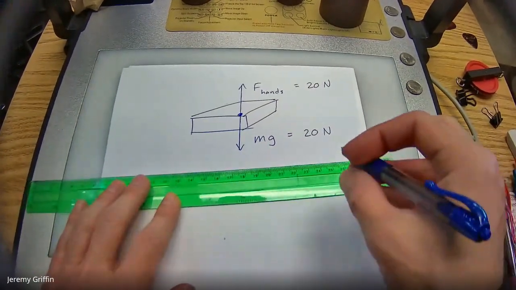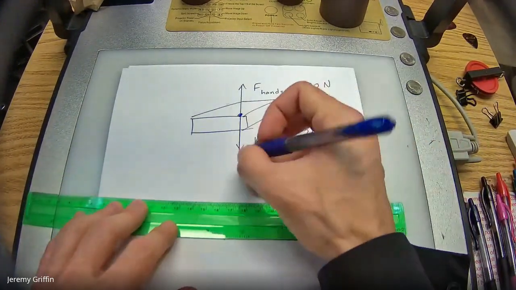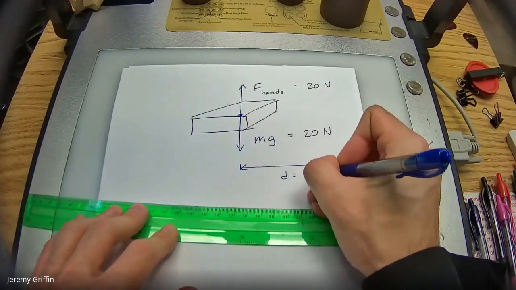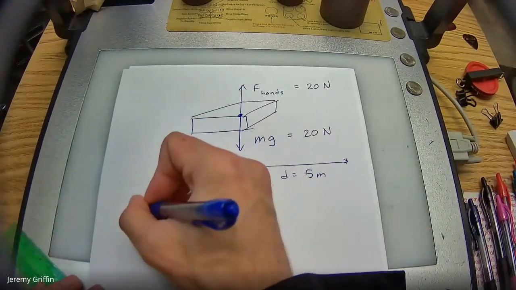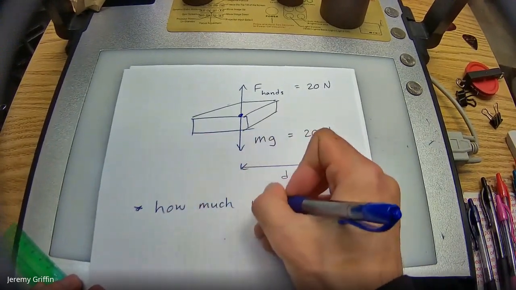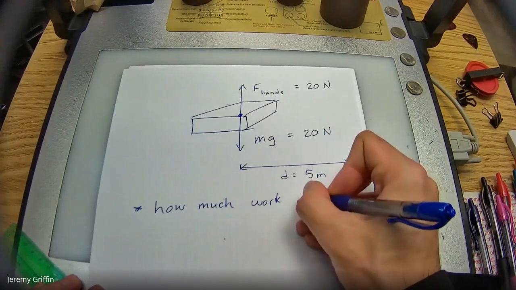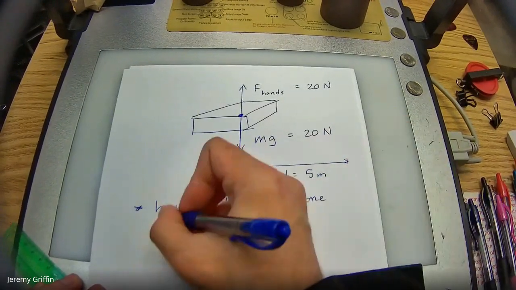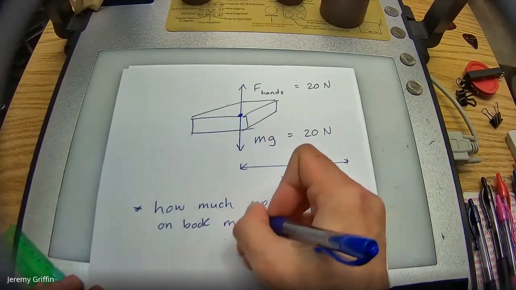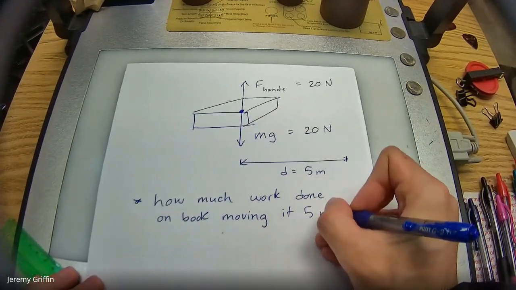Okay, now what if you take this book and carry it horizontally across the room, some distance, 5 meters? The question would be, how much work was done on the book to move it 5 meters horizontally?